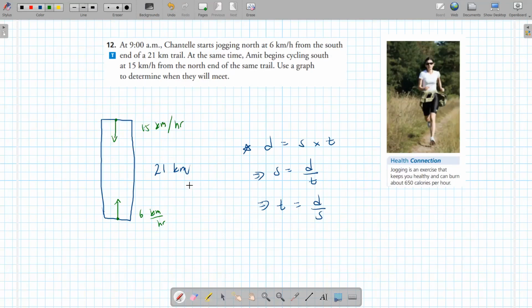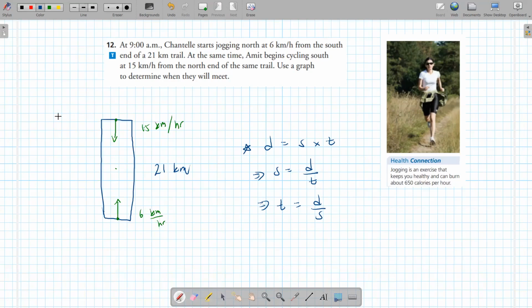We want to find where they are going to meet. That's the question. I think they're asking us for the time. Alrighty, so how do we approach this question?